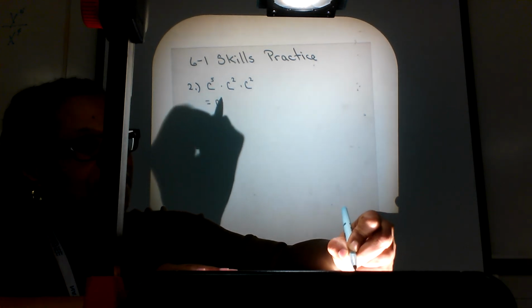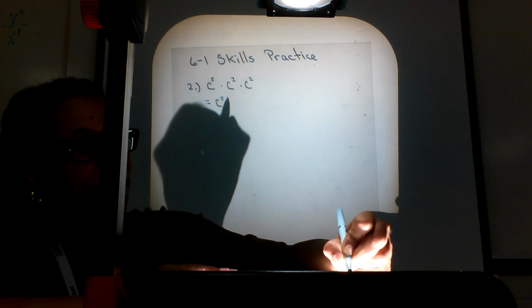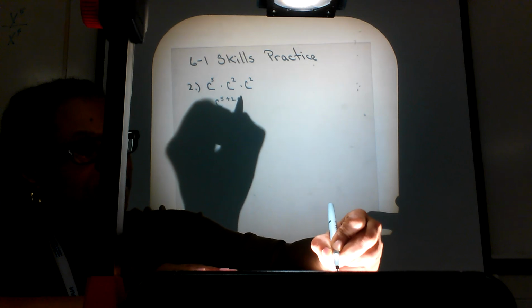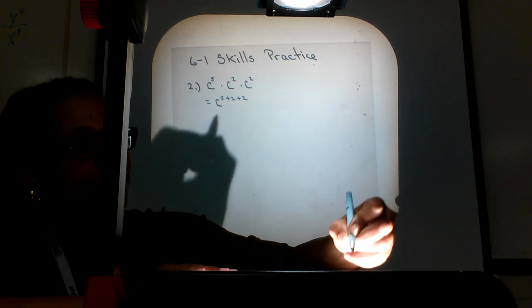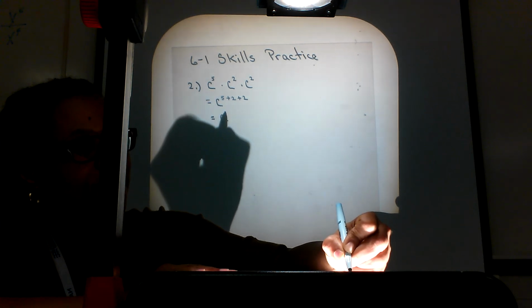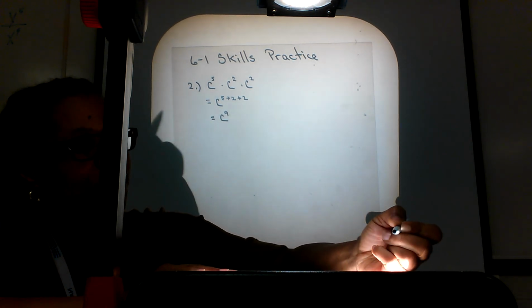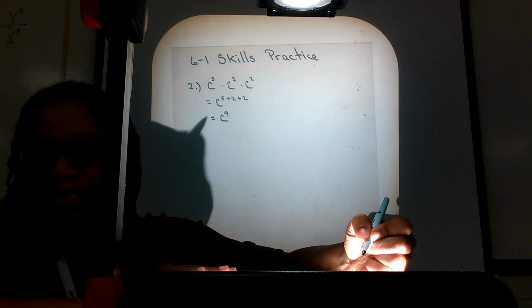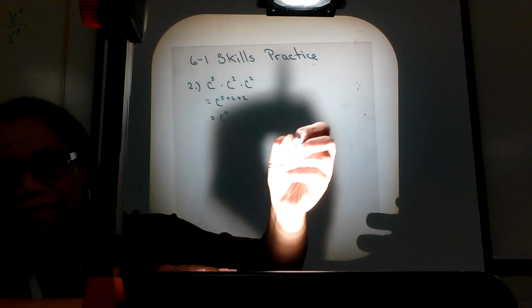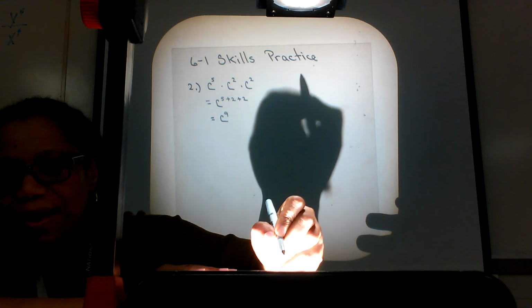We're going to say c to the 5th plus 2 plus 2. That's going to equal c to the 9th power. When we multiply variables, we add the exponents. Very good.